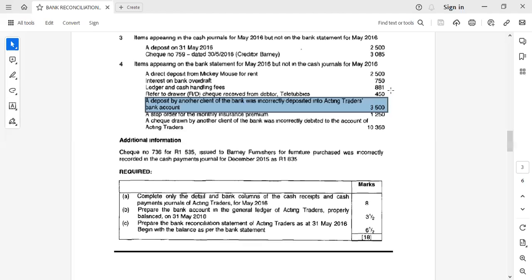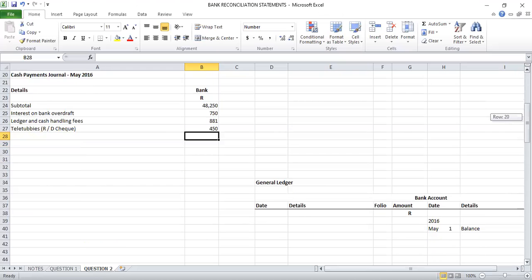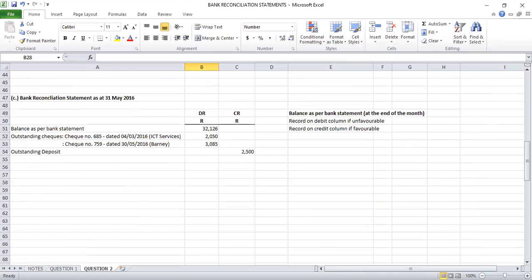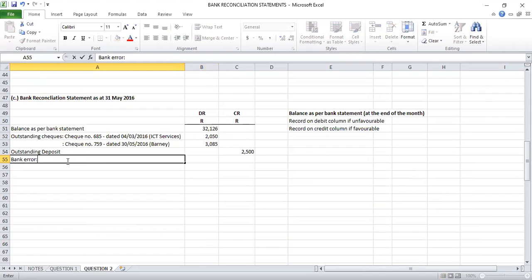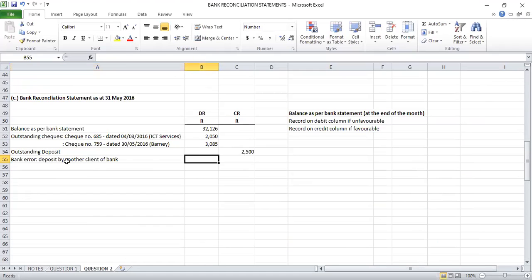So we say bank error, deposit by another client of bank. So we debit it. If the payment was made by mistake, we would credit it because we'll have to increase the amount in our bank account.